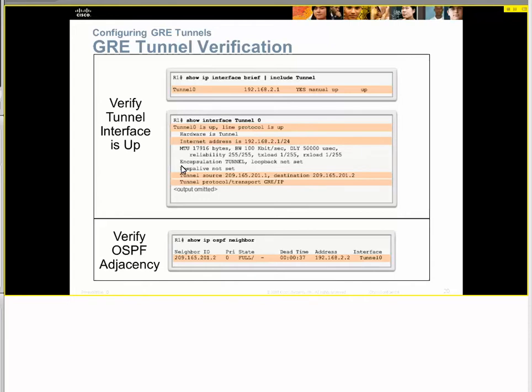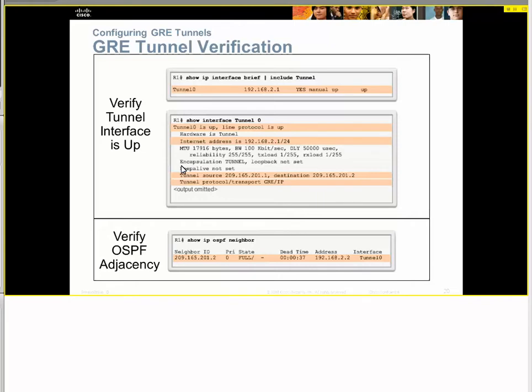And it will specify, of course, like all good interfaces, is it up or down? Now, obviously, if the other tunnel isn't in place, it's going to be down. You can also use show interface tunnel by itself, and it will show you a lot more of the details. And, of course, you always want to look at your OSPF neighbors just to make sure that everything is hunky-dory.